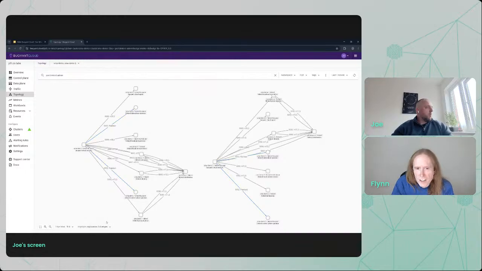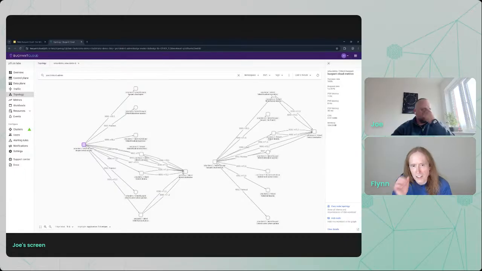This kind of thing, by the way, is why I think the topology view is pretty cool. A second ago you would have noticed that Joe picked a particular namespace and then the topo view zoomed to that namespace, as opposed to looking at our spider web here. I think you can also drag the nodes around. Can you do that? Yeah, you can.